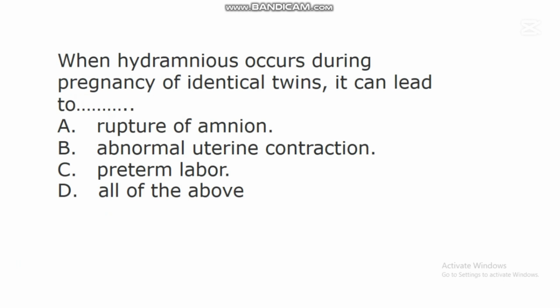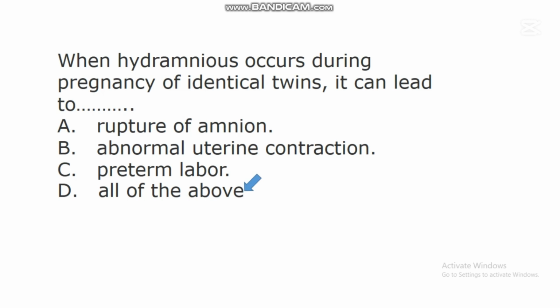The next question says, when hydramnios occurs during pregnancy of identical twins, it can lead to dash: A. Rupture of amnion, B. Abnormal uterine contraction, C. Preterm labor, D. All of the above. In this question, the correct answer is D. All of the above.